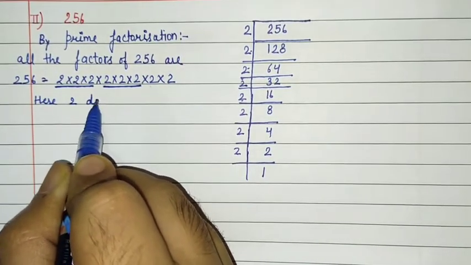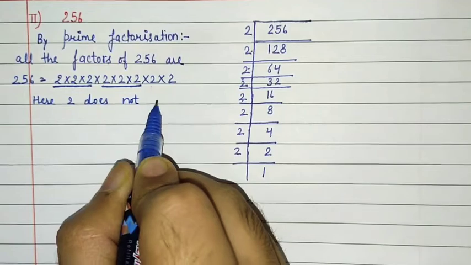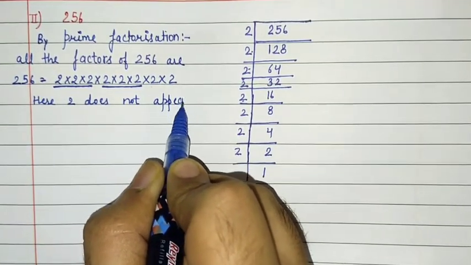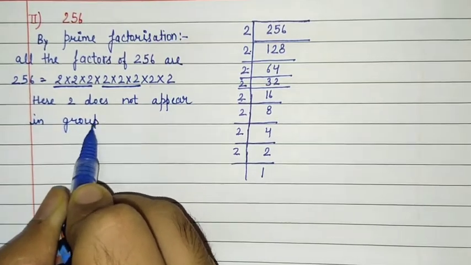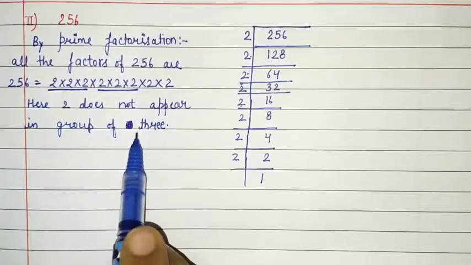So here 2 doesn't appear in a group of 3.